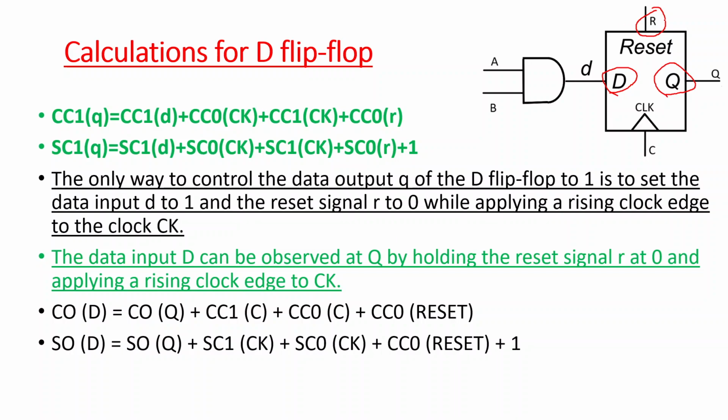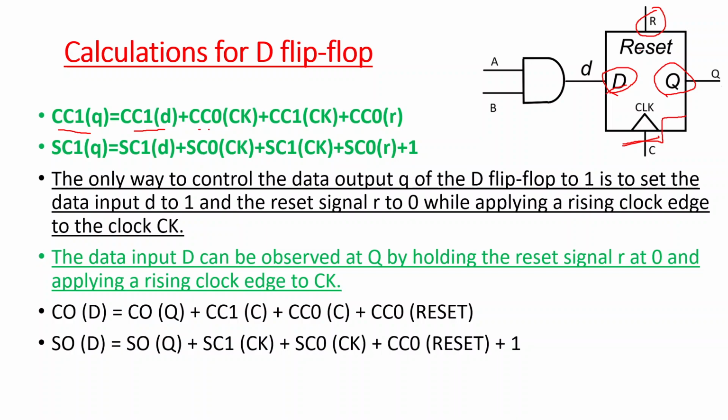This is the only way we can set Q to 1: by having the D input as 1, the reset signal as 0, and a positive clock edge, meaning the clock should go from 0 to 1. So the combinational controllability of 1 for Q will be equal to the controllability of 1 for D, meaning we want to set the signal D to 1.